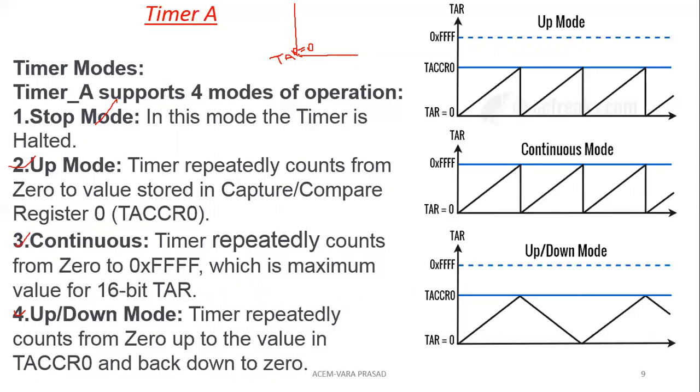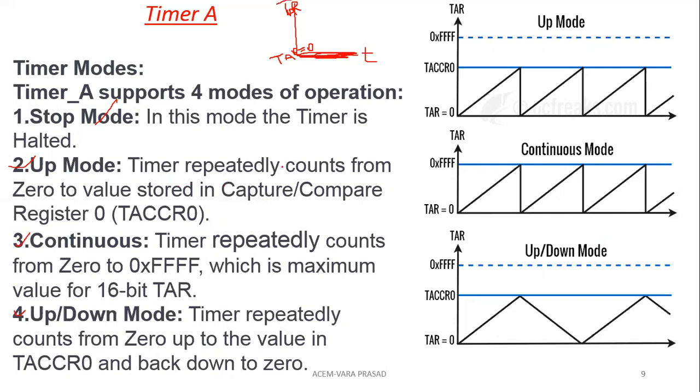At that time the graph is parallel to the x-axis. The y-axis is TAR and the x-axis is time. So this is the stop mode. In stop mode, TAR count is equal to 0. Okay, then up mode.